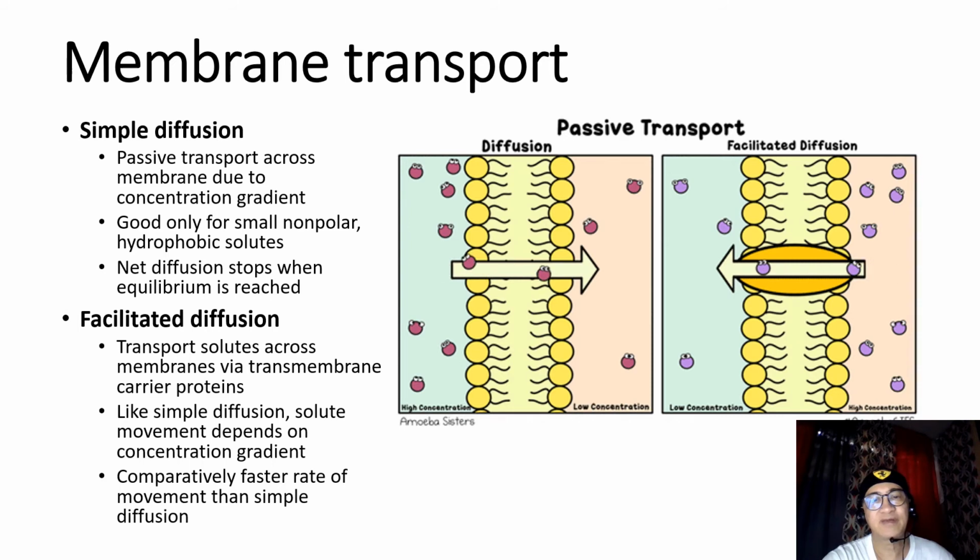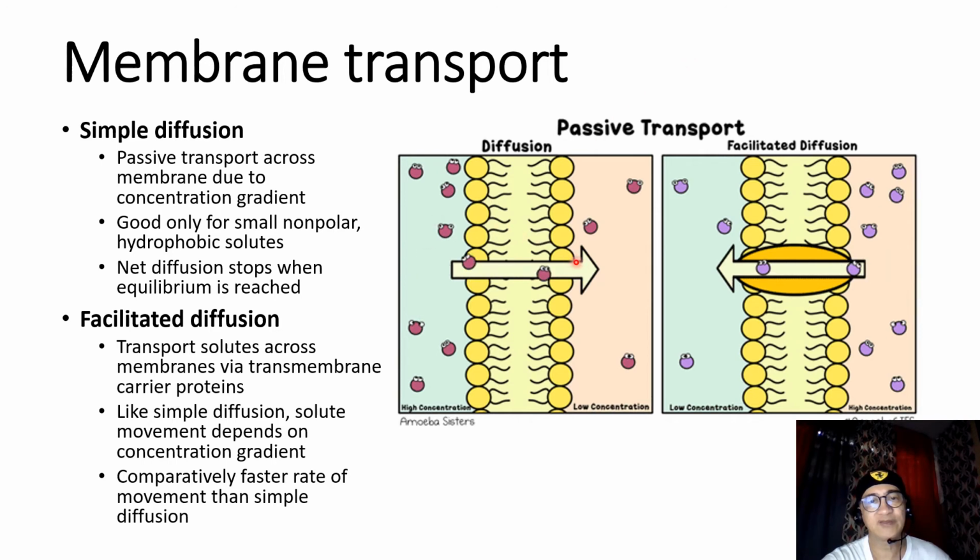The passive membrane transport of solutes across a membrane occurs in two ways: by simple diffusion or by facilitated diffusion. Simple diffusion involves the passive passage of small hydrophobic or nonpolar solutes across the plasma membrane from an area of high concentration to an area of low concentration. The solutes move by their own kinetic energy, and the rate of movement is dependent on the steepness of the concentration gradient across the membrane.